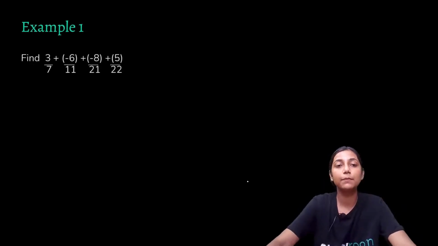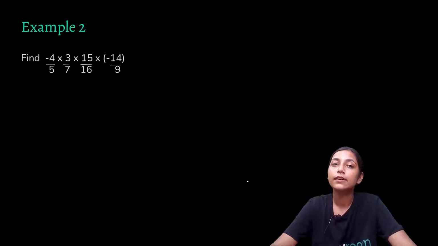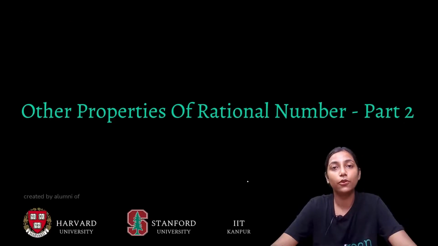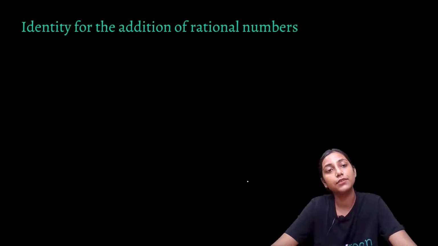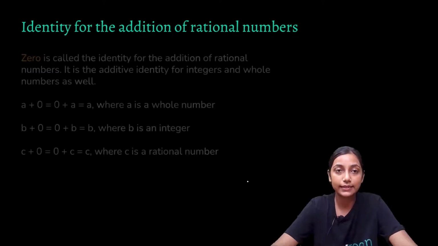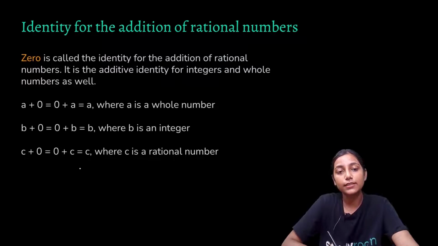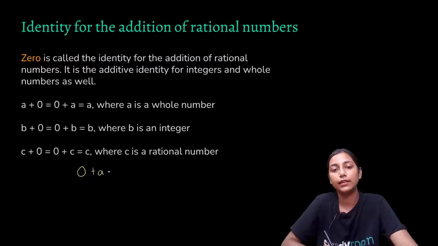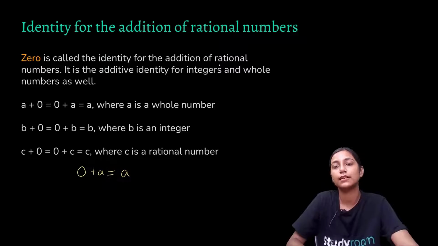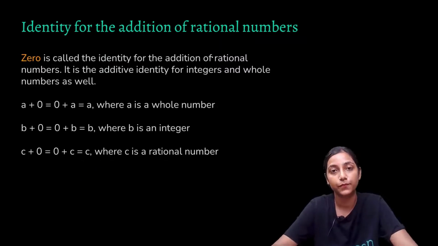We did some examples related to these properties, and then we hopped on to the other properties of rational numbers, which included first of all the identity. In the case of additive identity, we saw that 0 is known as the additive identity because if we add any number to 0, or if 0 is added to any number, then what do we get? We get the same number. So 0 is said to be the additive identity for all the integers, whole numbers, and as well as rational numbers.